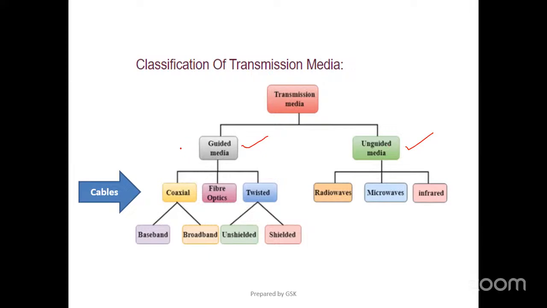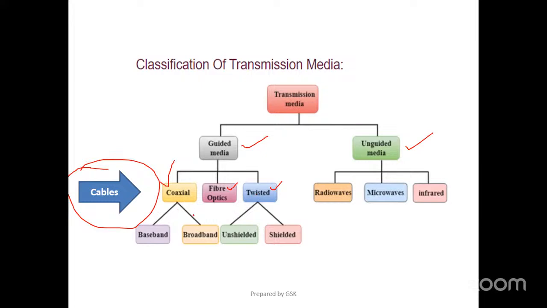Coming to the guided media, it is again divided into three categories. In the guided media, we are using cables. These are different types of cables: coaxial cables, fiber optical cables, and twisted pair cables.